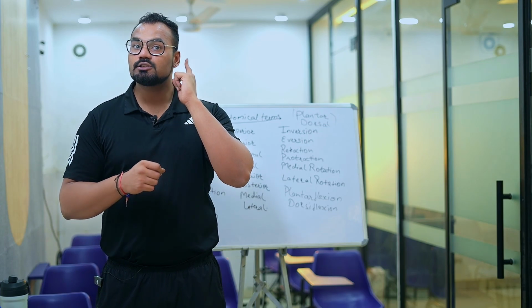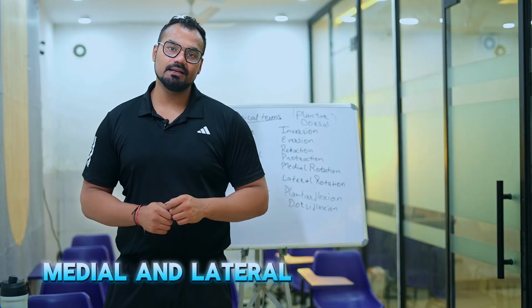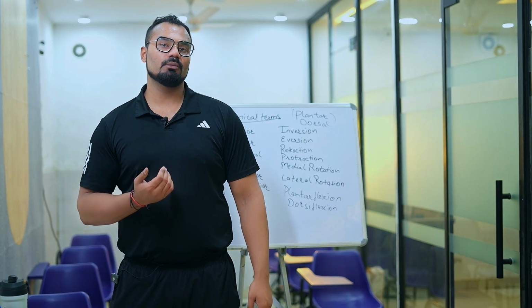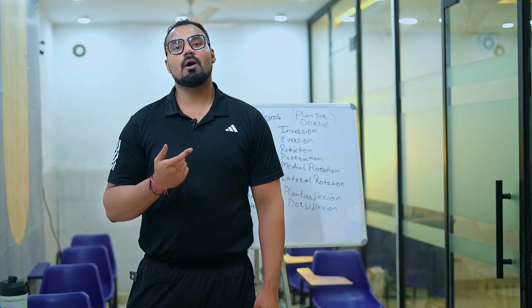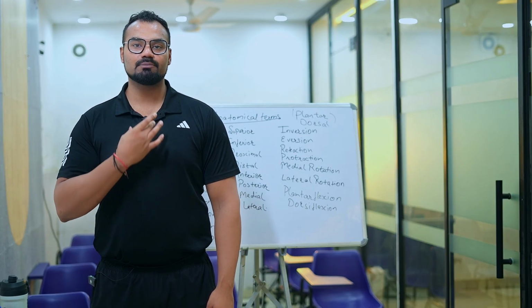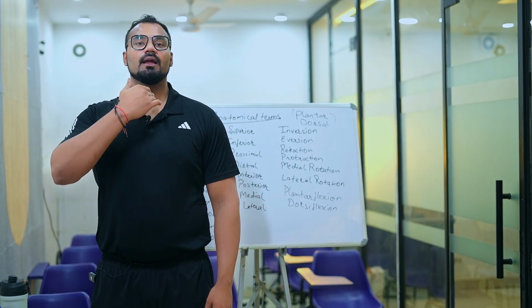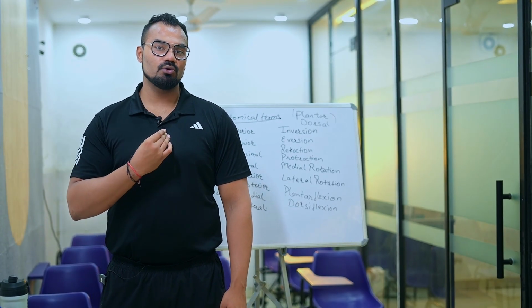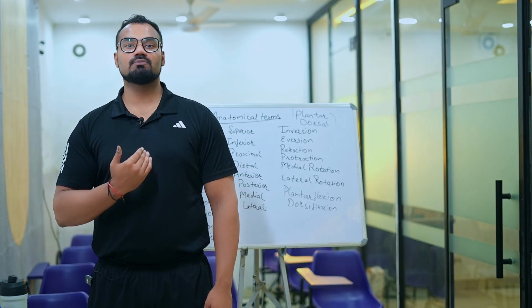My ear is posterior to my nose. Now medial and lateral. Medial is anything closer to the midline. Lateral is anything away from the midline. If I talk about the sternum, this chest bone, and my shoulder joint, which is medial? My sternum, my chest bone, is medial to my shoulder. My shoulder is lateral to my chest bone.